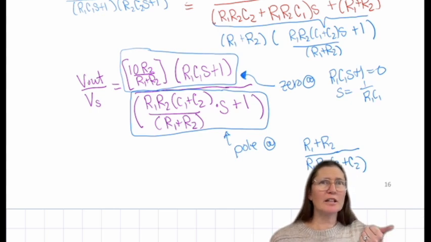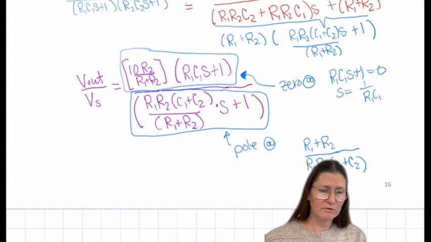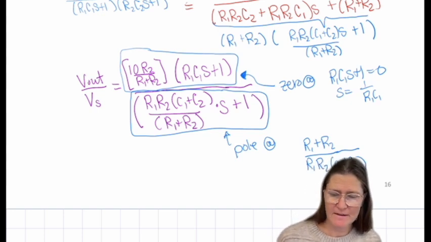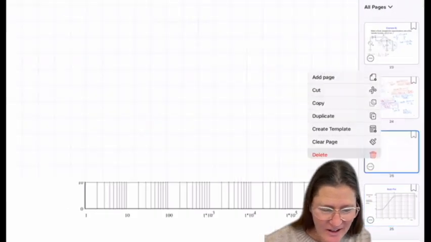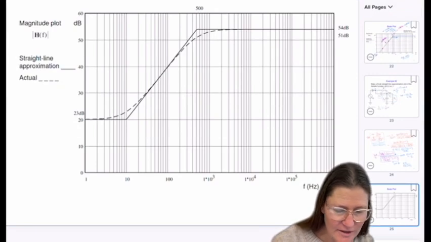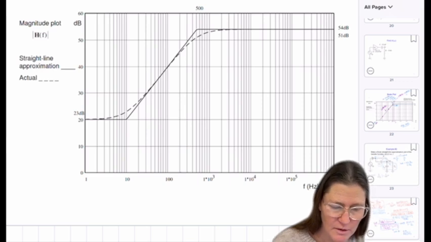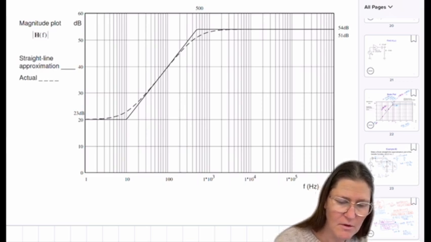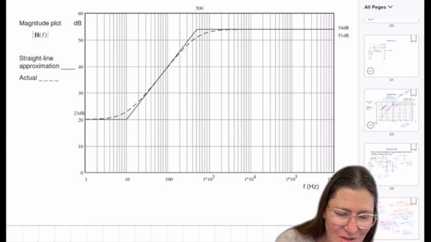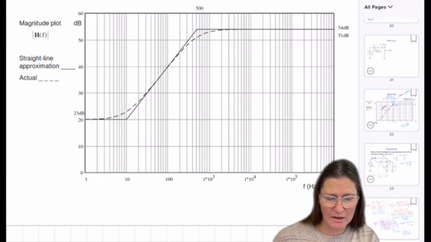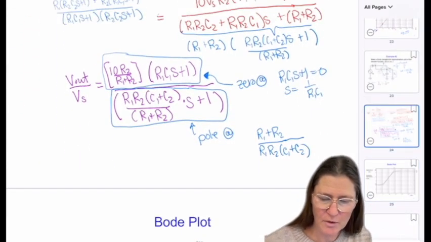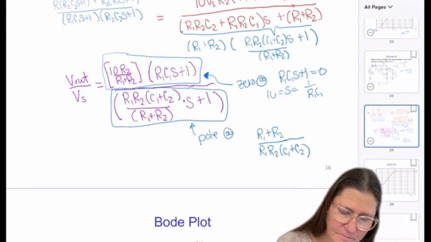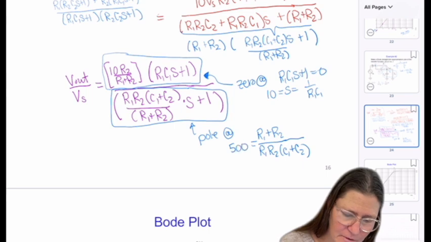So I have to find the starting value. So how do I find that? Here, let me grab what these are. So they are at 10 and 500. So this is at 10, and this is at 500.